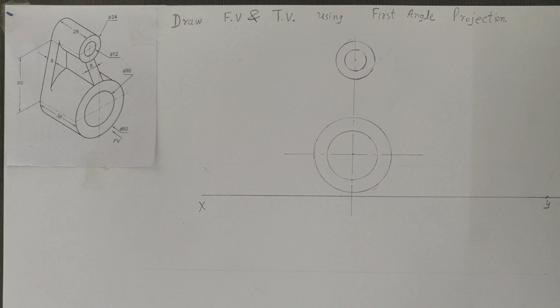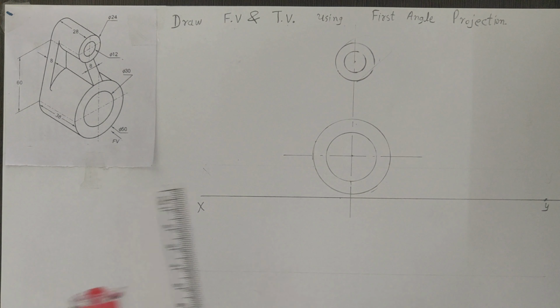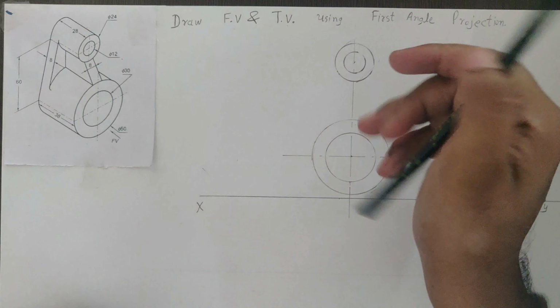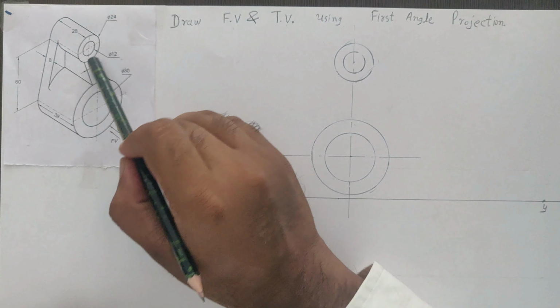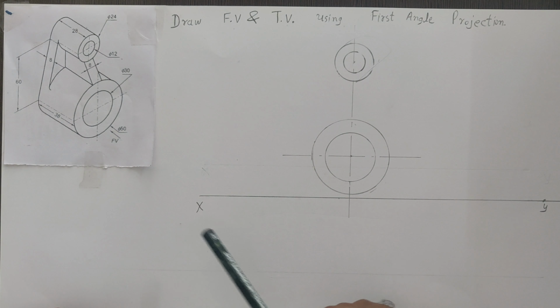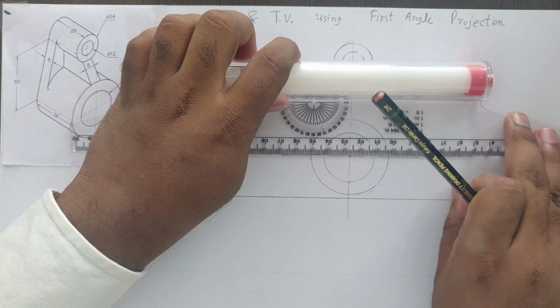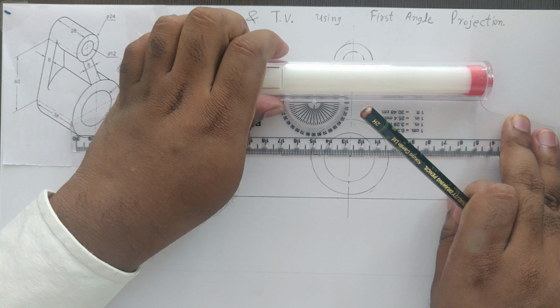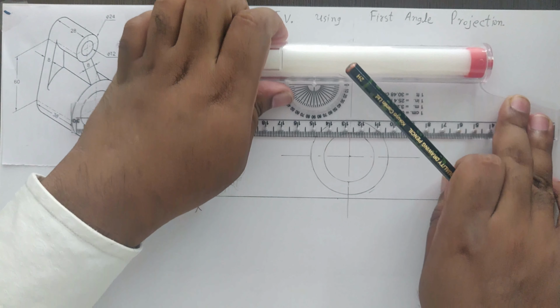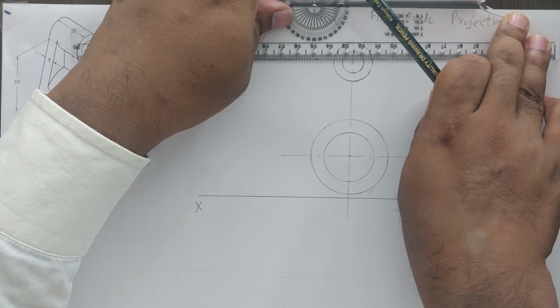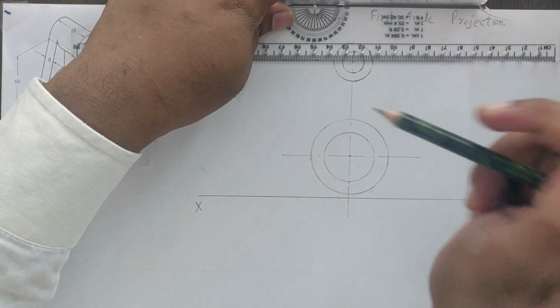Now for the front view I have to draw this center line first for a circle. For that I will use this center line as a reference, and then I will slide the roller scale over here and draw another center line parallel to it.